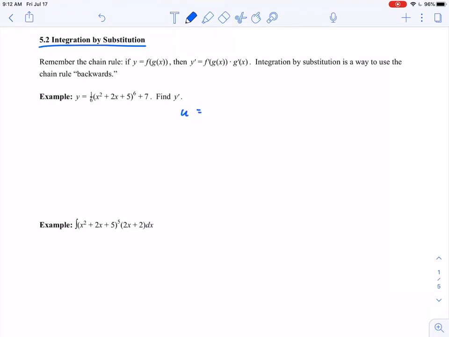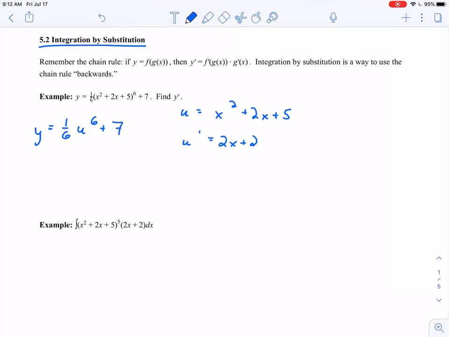I think that's what we were using. u would be this inside part right here, this x squared plus 2x plus 5, and u prime, that is 2x plus 2. So when I rewrite this equation in terms of u, this is y equals 1/6 times u to the 6th plus 7.